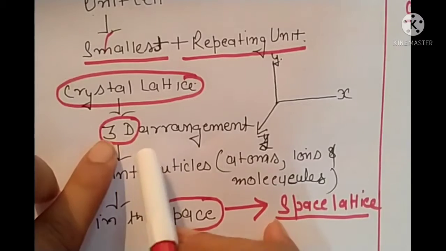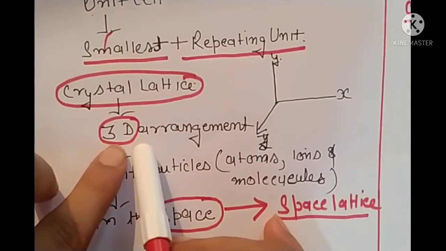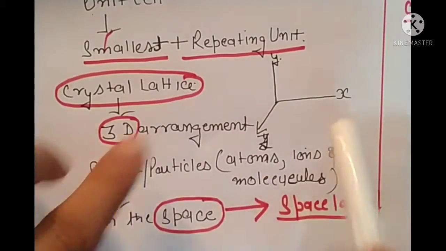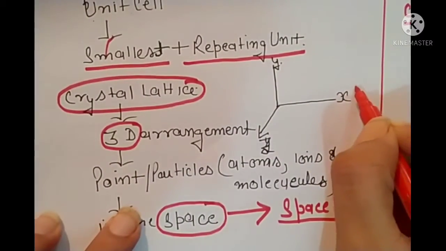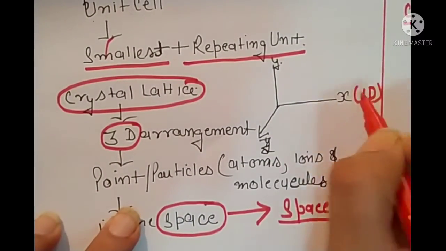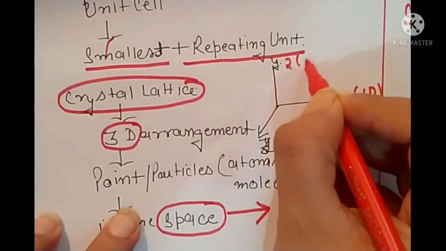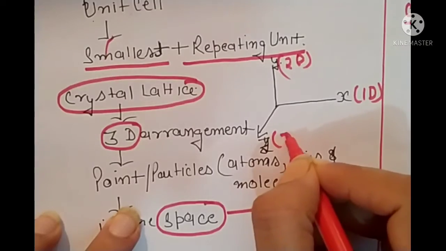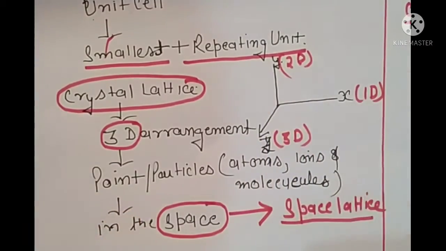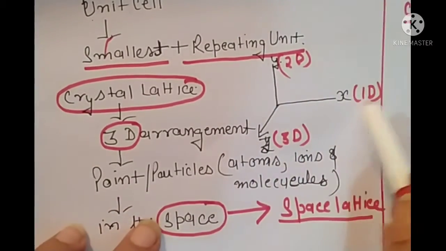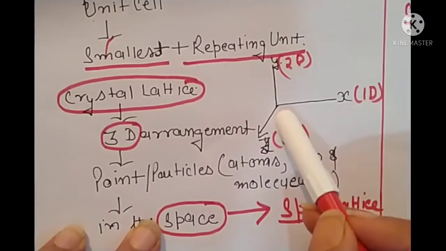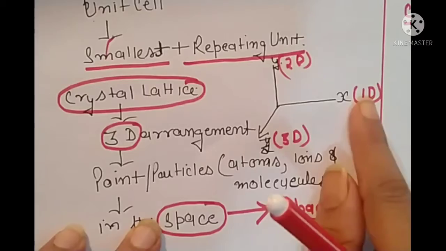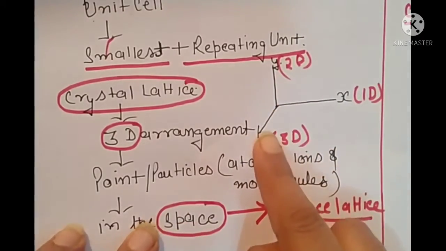What do you understand from three-dimensional? Their arrangement will be along three dimensions. This is one dimension, two dimension and three dimension, that is, along the x-axis, y-axis and z-axis. You can also consider it as length, breadth and height.